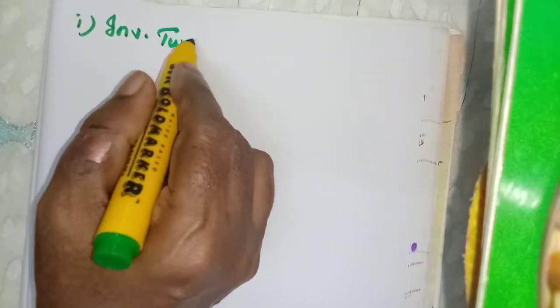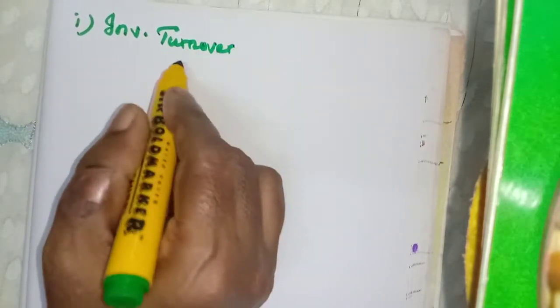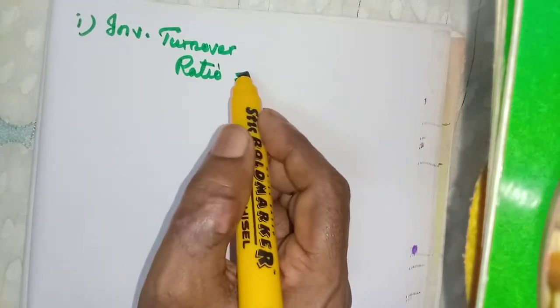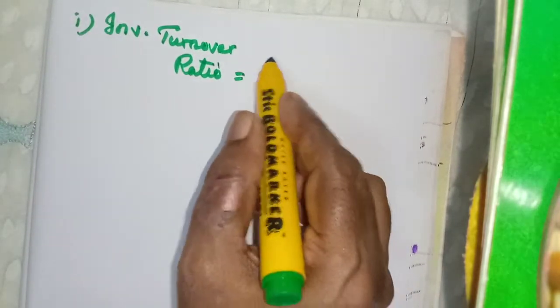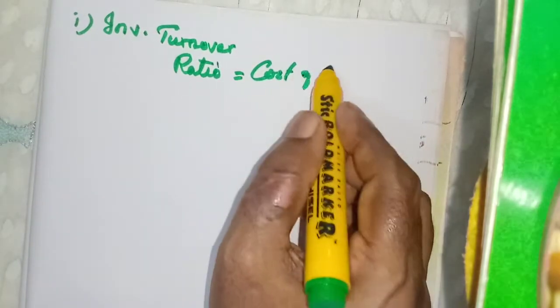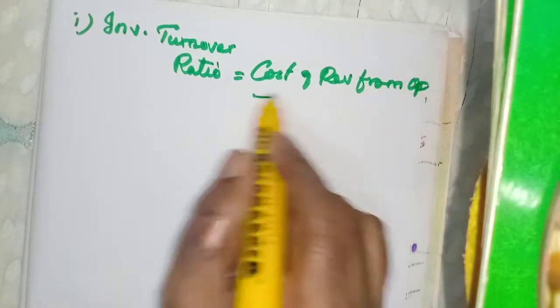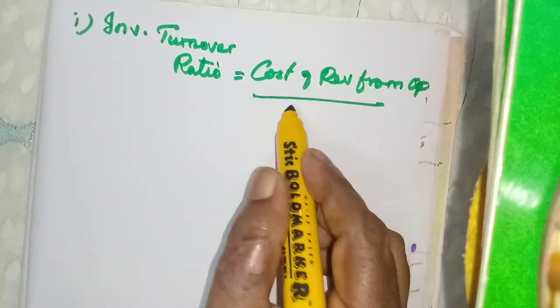First they have asked the inventory turnover ratio, which is equal to cost of revenue from operation divided by average inventory.